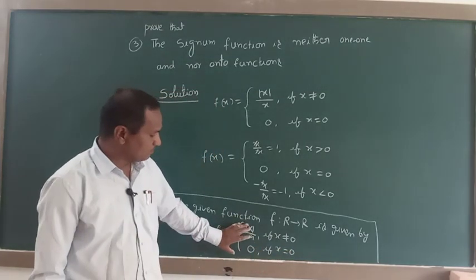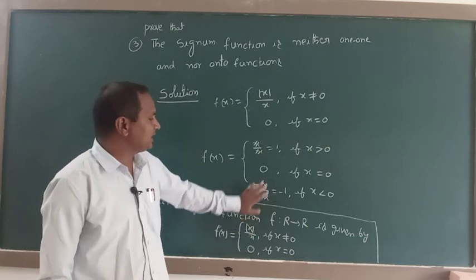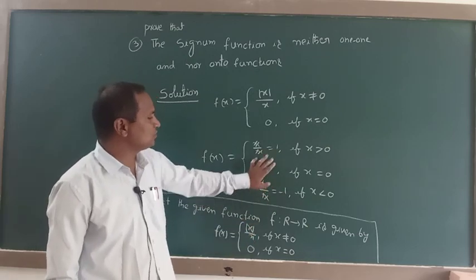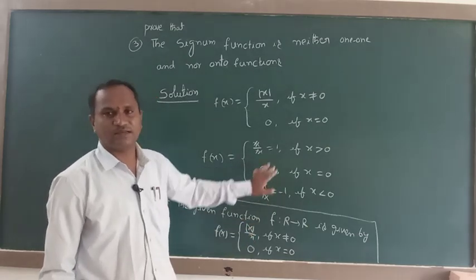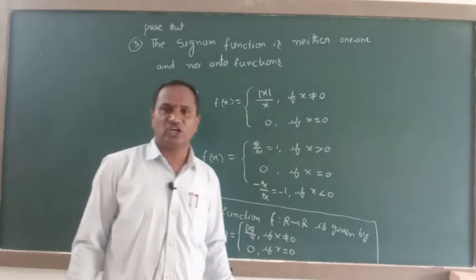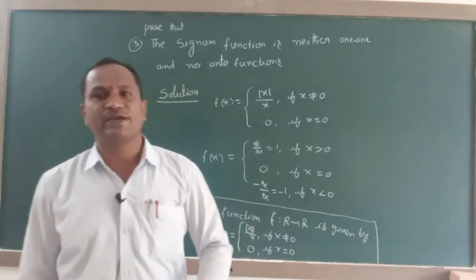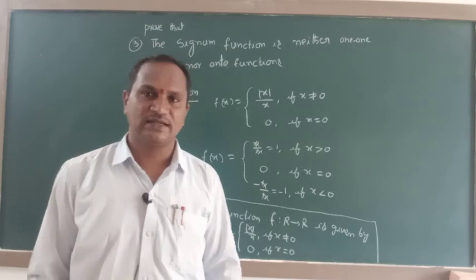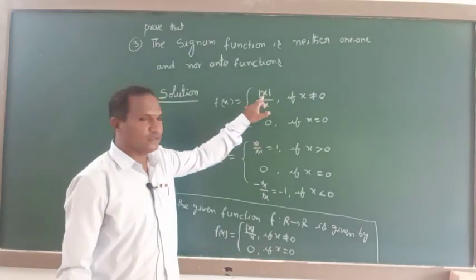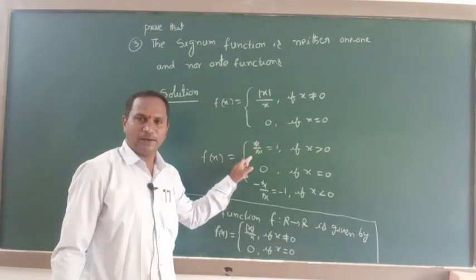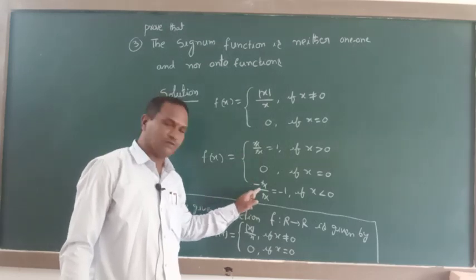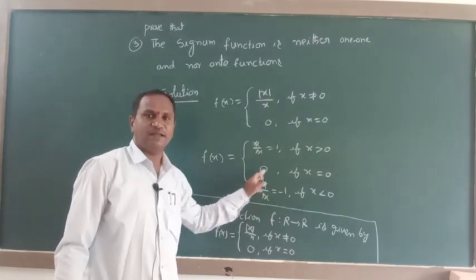On modification of this function, we get minus 1, 0, 1, because here modulus is there. If you remove the modulus, it gives two meanings, plus or minus. That's why for modulus I have written one time plus and a second time minus, and the middle value is 0.